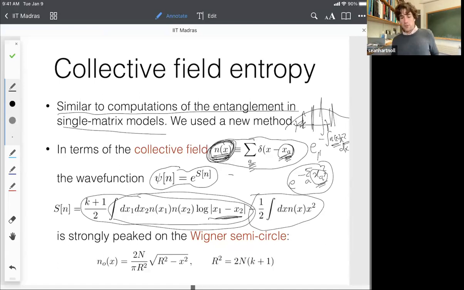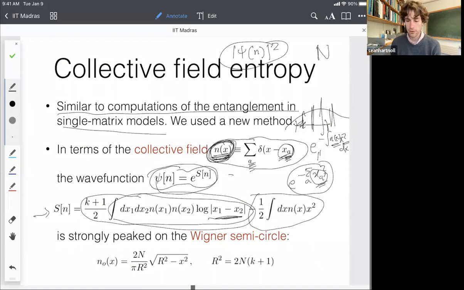All right. So there's a wave function for the eigenvalues, and if I calculate how likely I am to find an eigenvalue at n, I would look at mod psi of n squared, and this quantity at large N is very strongly peaked on a certain distribution.